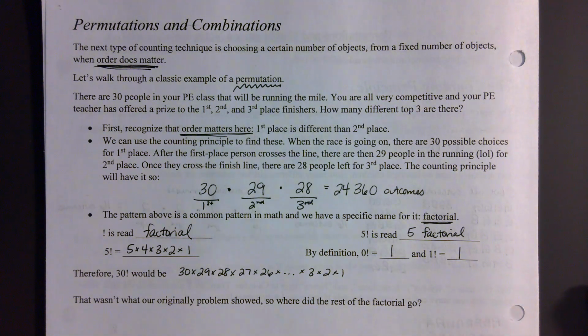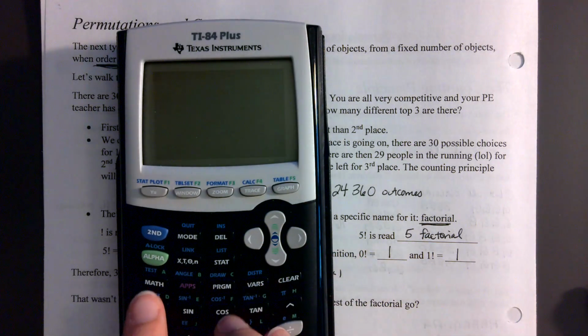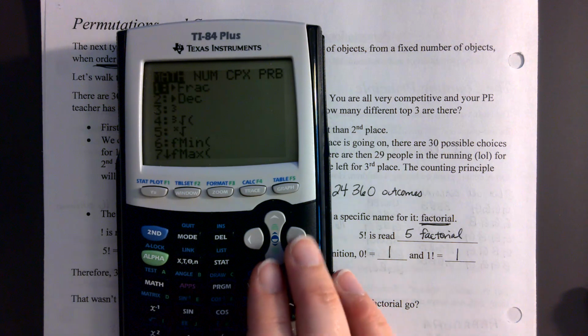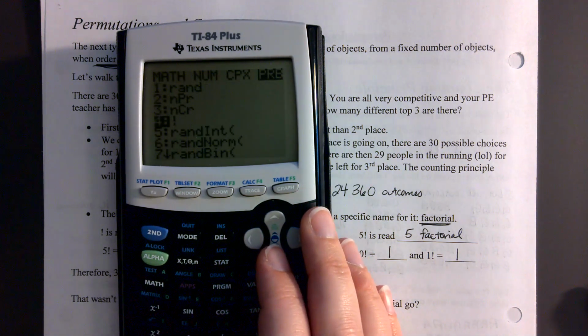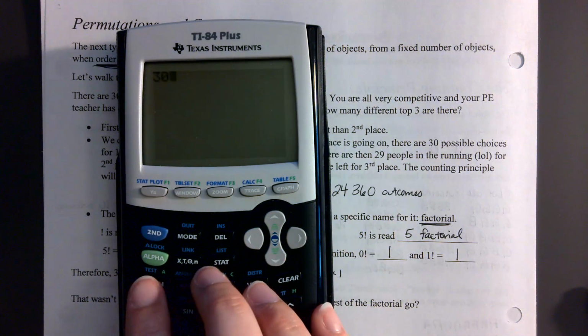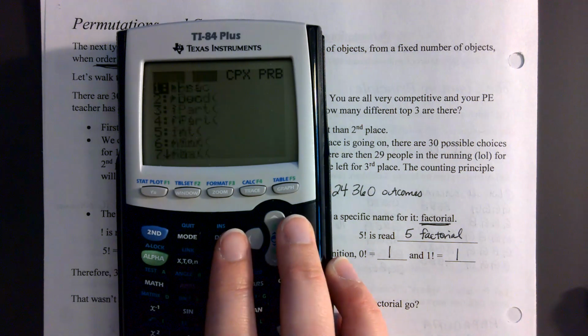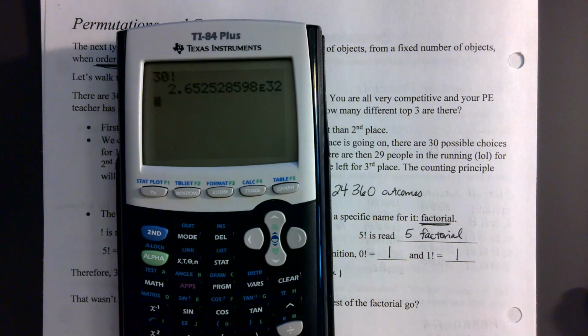Now, you can actually use your calculator to calculate this as well. So when you're looking at 30 factorial, you are going to type in 30 first, hit the math button here on the left, and then scroll over to PRB, scroll down, or click 4, either one, and it actually calculates 30 factorial for you.